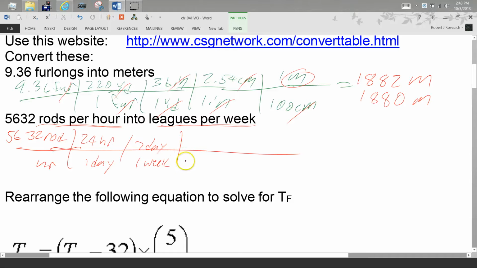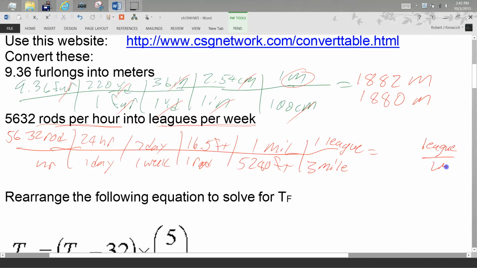And then I'll go 1 rod is 16.5 feet. And then there are 5,280 feet in 1 mile. And then for every 3 miles, there's 1 league. And so then we've got leagues per week.